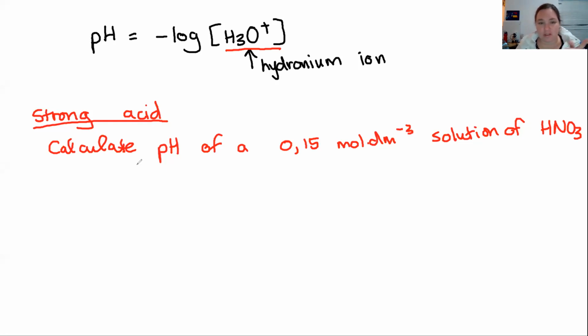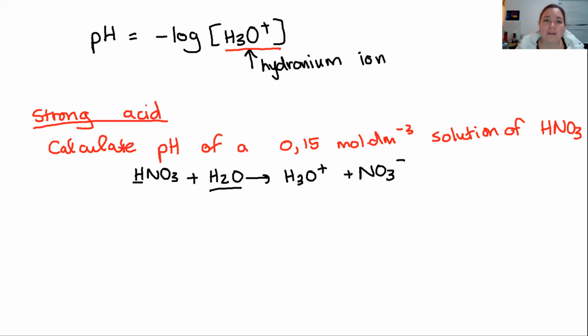It doesn't apply so much to this specific case, but I'm going to do it anyway. Write out your ionization equation. Remember, ionization is the reaction of your acid with water. When this reacts with water, we're going to form H3O+, because that H joins with the H2O, and we're going to form NO3-.